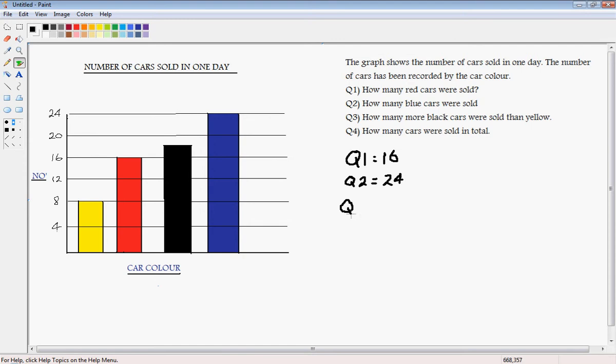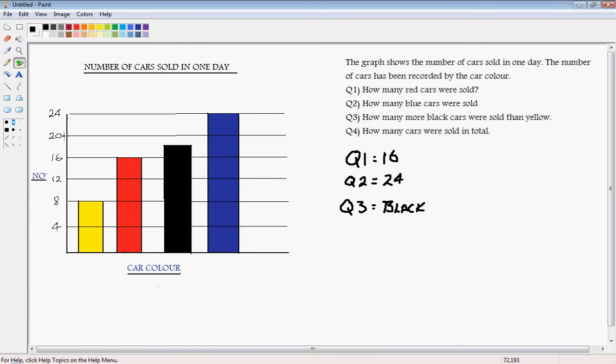Now question 3, how many more black cars were sold than yellow? Okay, so black cars. If we go to black, now you'll notice that the bar stops halfway between 16 and 20. So the number is halfway between 16 and 20.